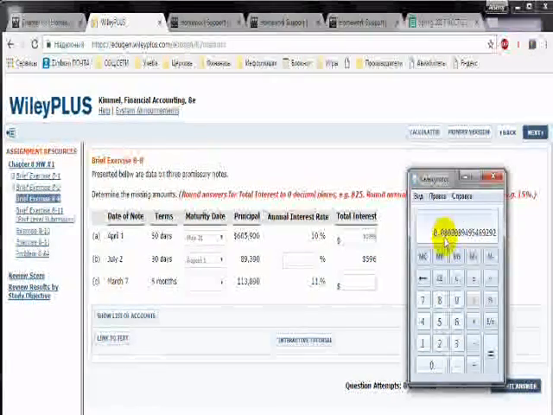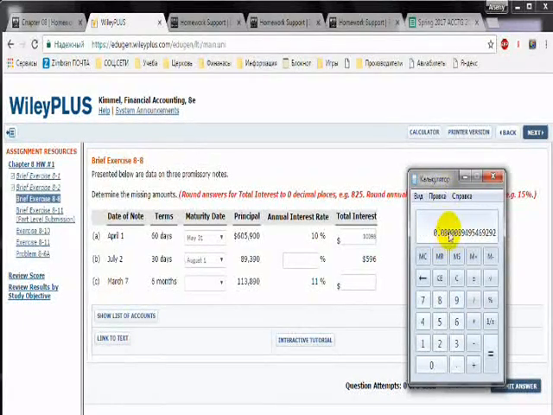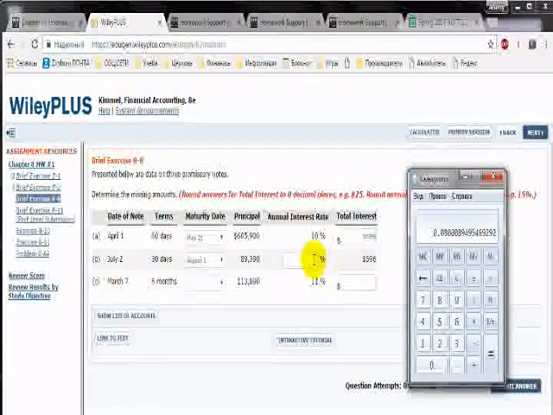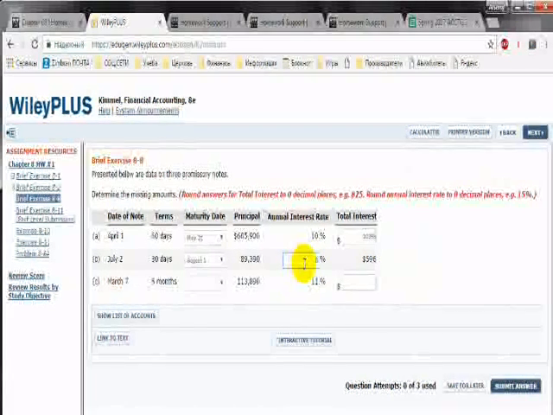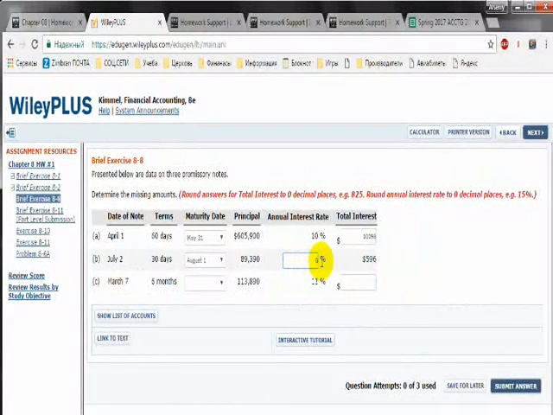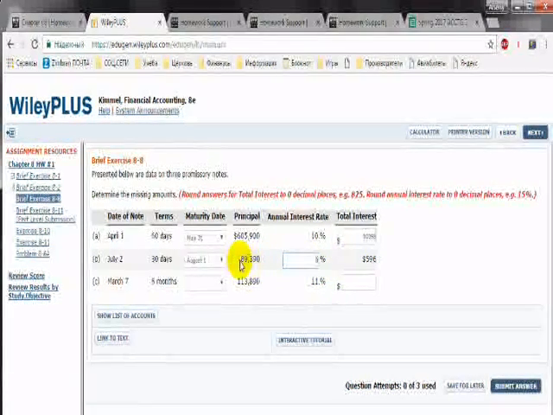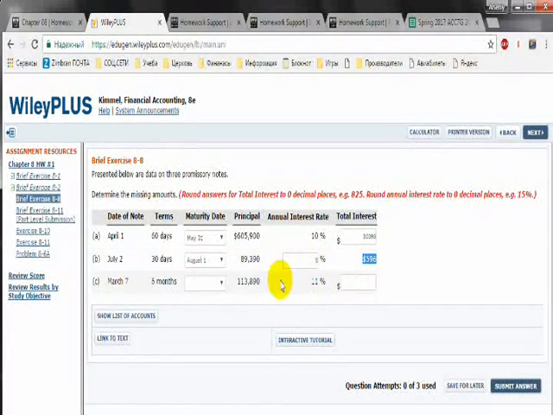It's 8%. It's a very good rate of accuracy for 8%. So we just enter that here. Annual interest was 8%, principal was this, and total interest came out like this. So it was an 8% thing.